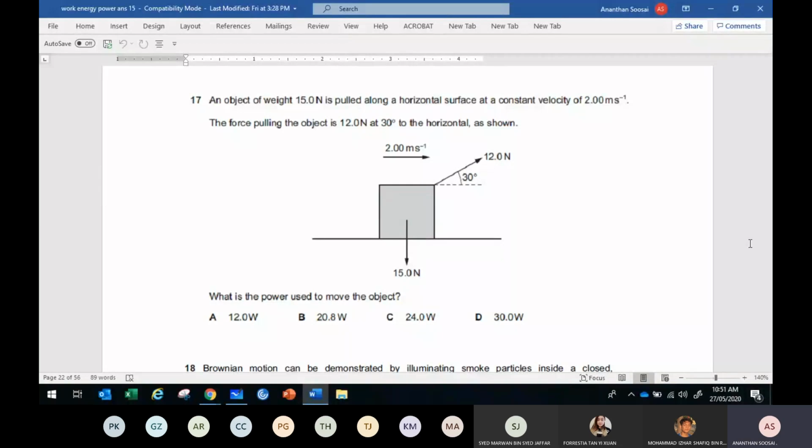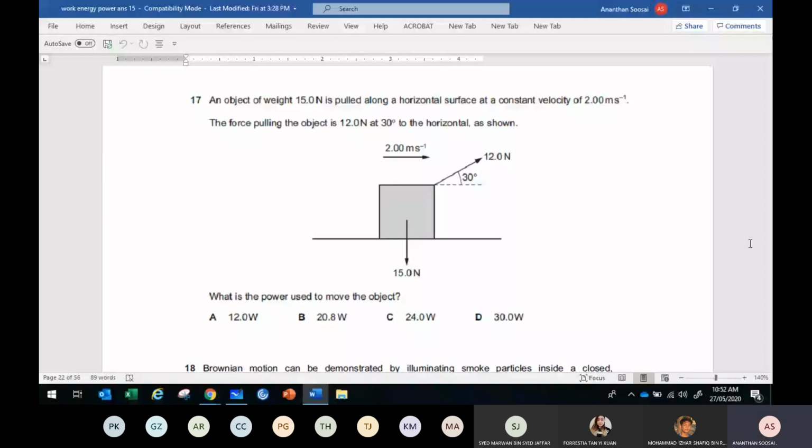The object of 15 Newton is pulled along the horizontal surface with a constant speed, constant velocity. The force pulling the object is 12 Newton at 30 degrees. The force was inclined.